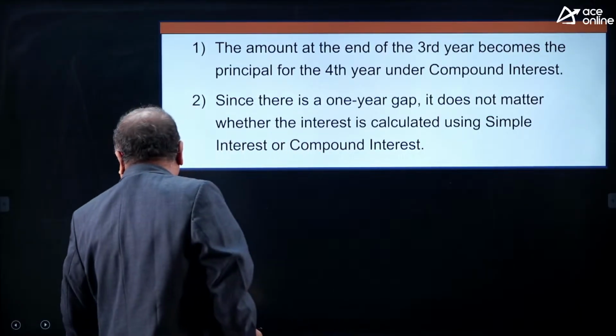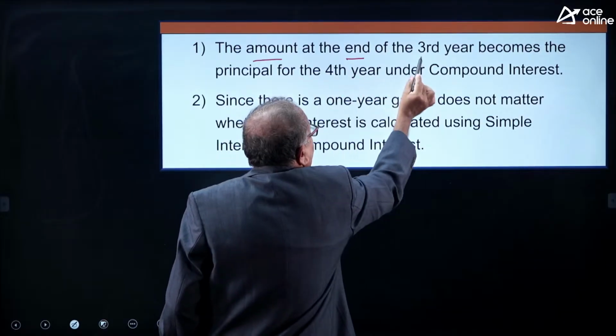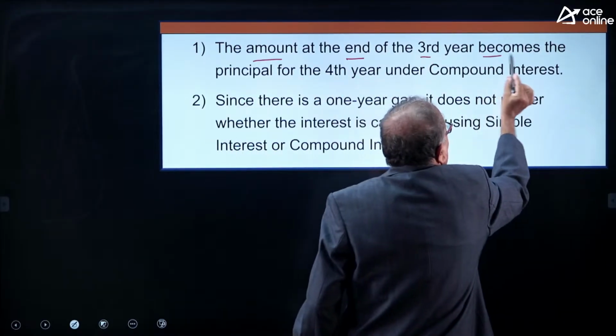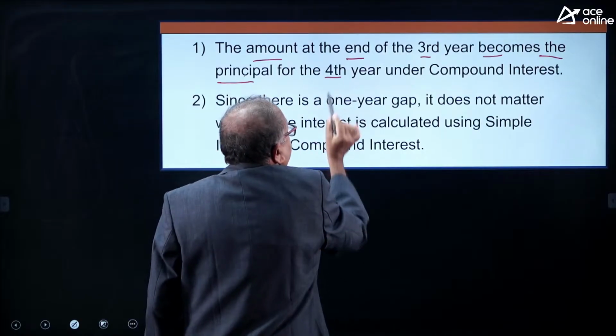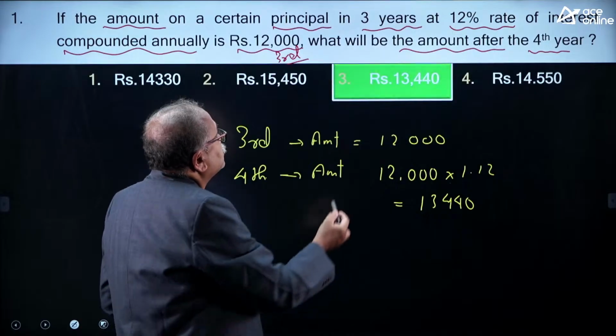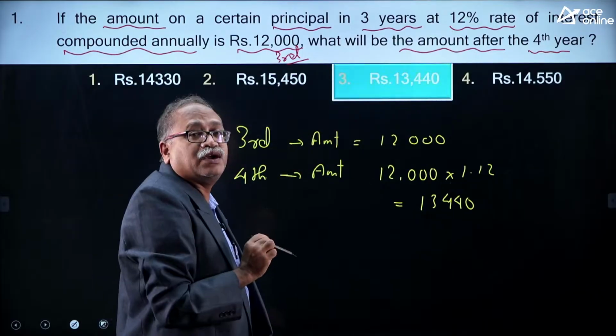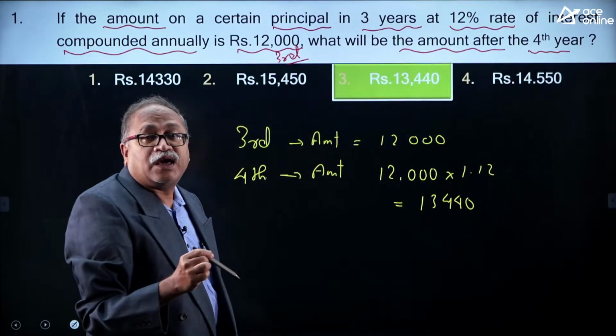What you are expected to know is that the amount at the end of 3rd year will become the principal for 4th year. So this is the principal for 4th year, and at the end of 4th year, what will be the amount?